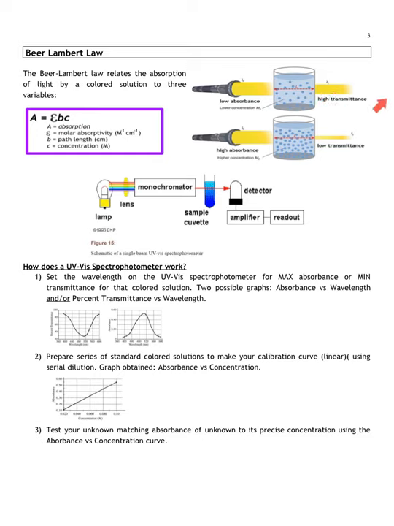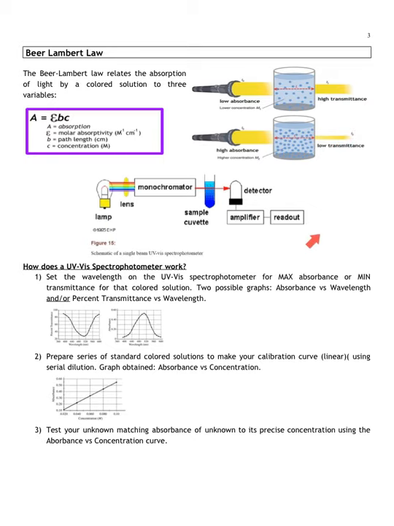So more light will travel right through. Whereas a more concentrated solution, like you see here, is going to absorb a lot of that light. So there's a high absorbance, thus less light transmits through. And so we're really going to measure the absorbance or the transmittance of that light.